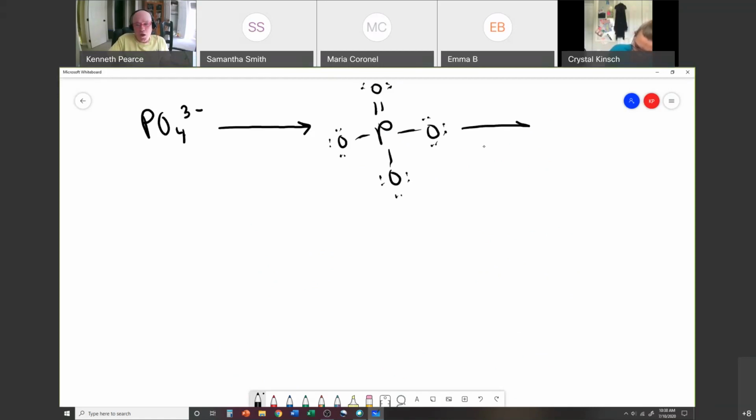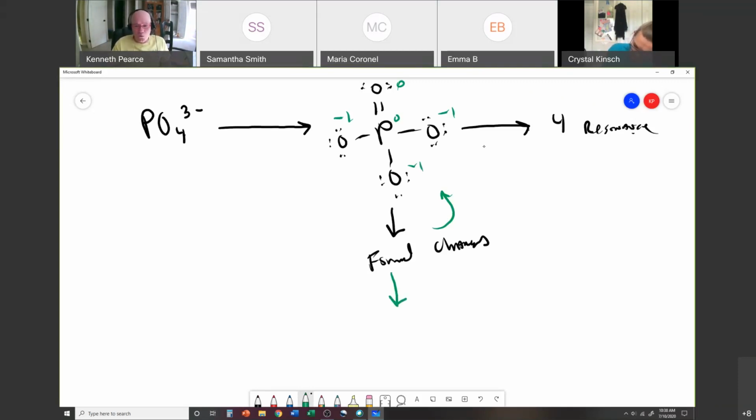You should be able to say four resonance structures. And you should also be able to say formal charges. If we do formal charges, what do we have? We have minus 1, 0, 0, minus 1, and minus 1.